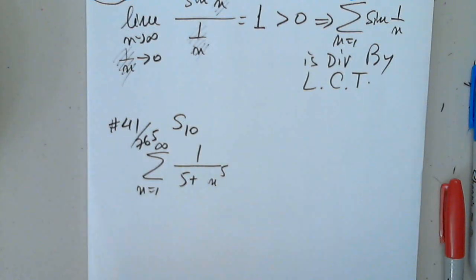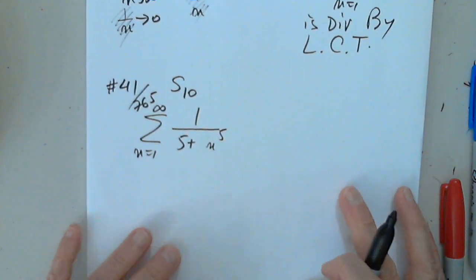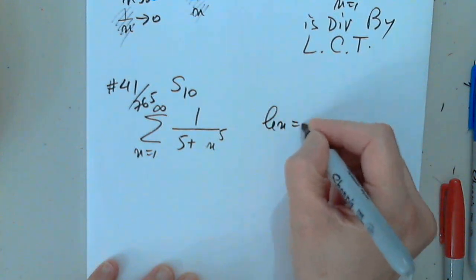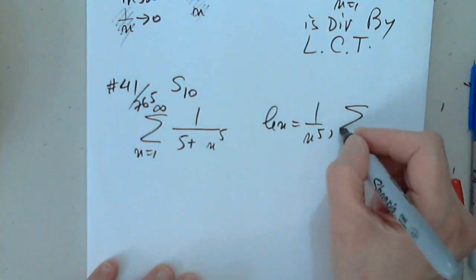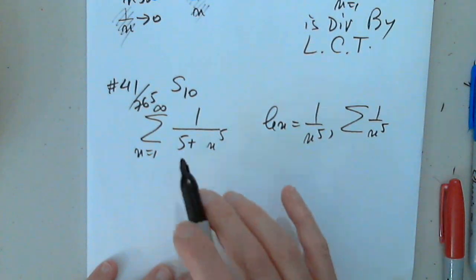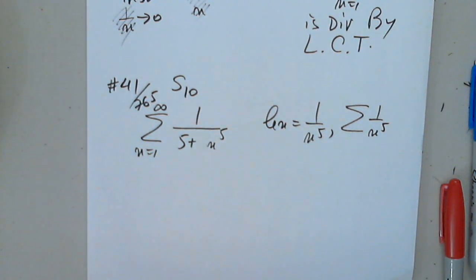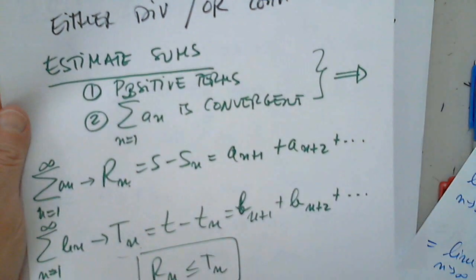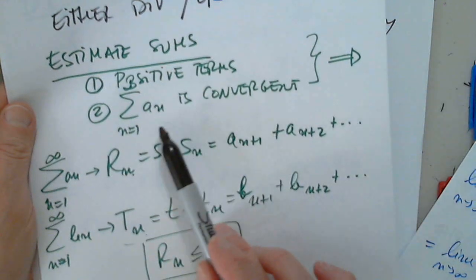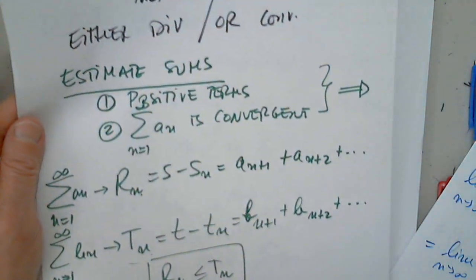Good. So what we're going to do first is look at Bn, which is 1 over n to the 5th, because remember the requirement at the beginning to estimate: I have to have positive terms and we have to have a convergent series.